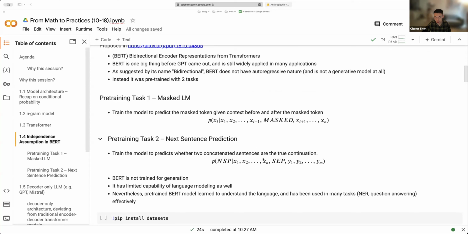To describe it at a high level, given two sentences concatenated together, like x1 to xn and y1 to yn, with a separator token between them, the BERT model was trained to maximize the likelihood of predicting whether this second sequence y1 to yn naturally follows the sequence x1 to xn.